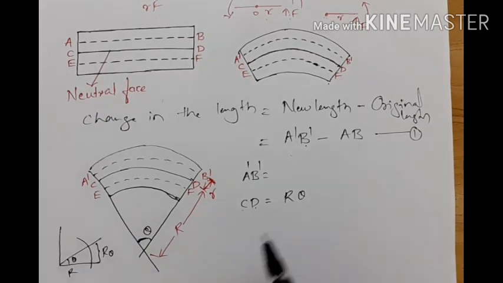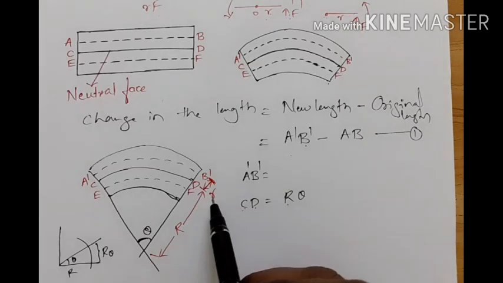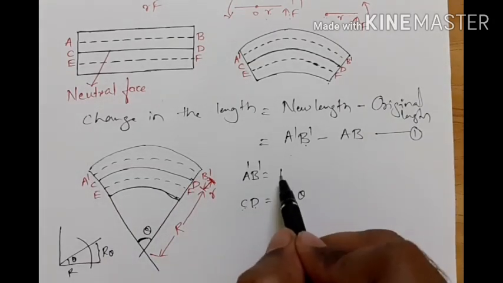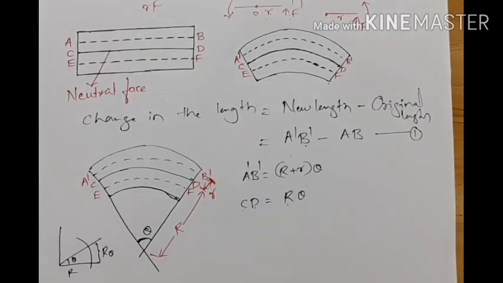So CD is the arc length, that is r theta. Now what is A dash B dash? A dash B dash we can easily write as the radius, which will become r plus small r, into theta.